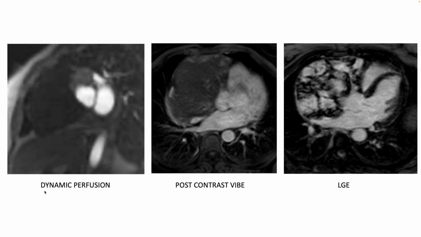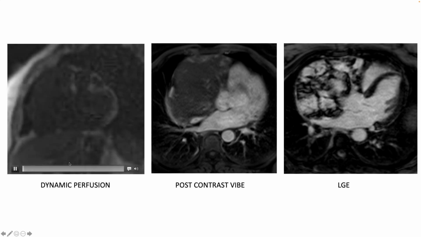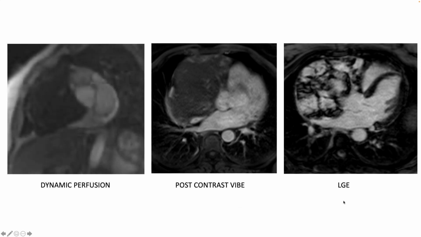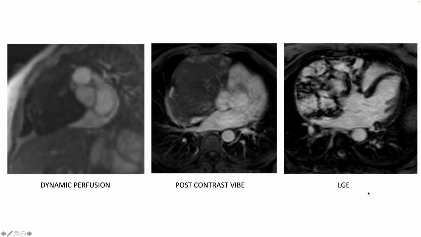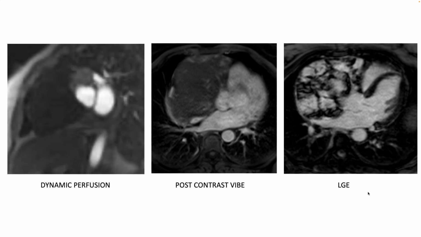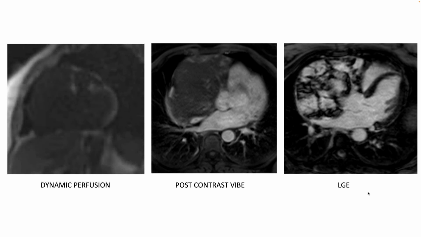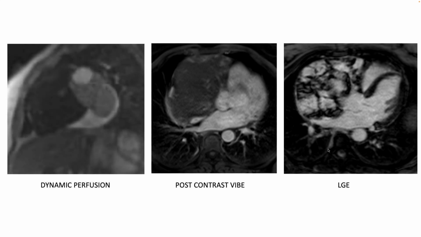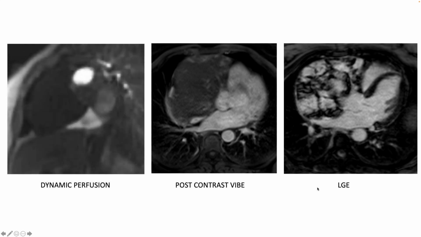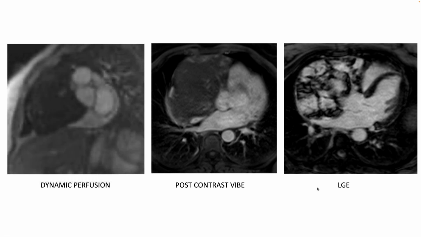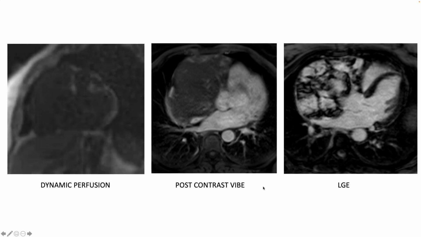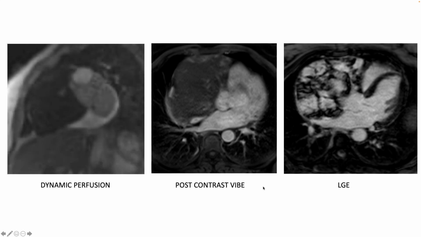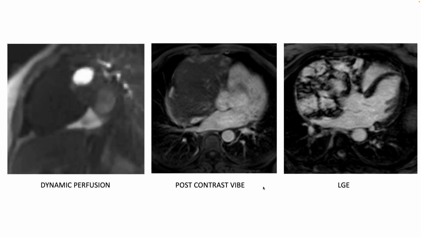And so you can see on T1 weighted imaging, it's iso-intense to myocardium, very hyper-intense on T2 weighted imaging with FAT-SAT. And these are some axial cines, short axis cines.